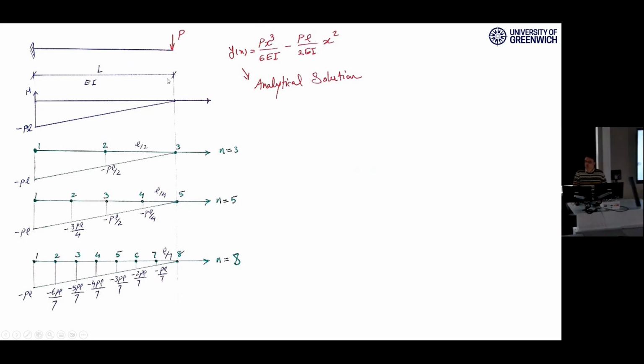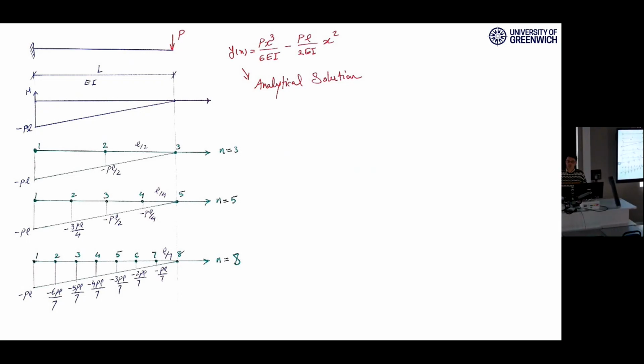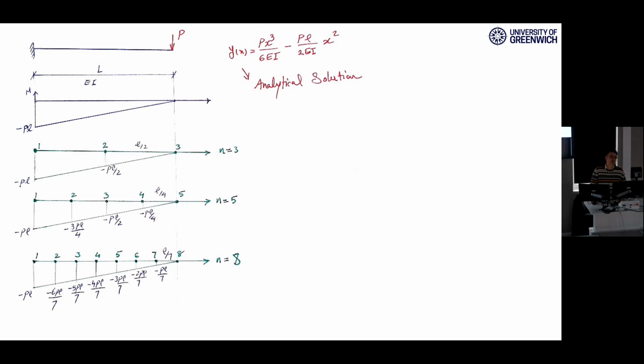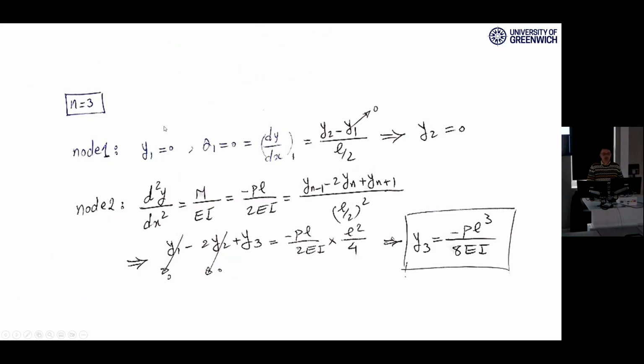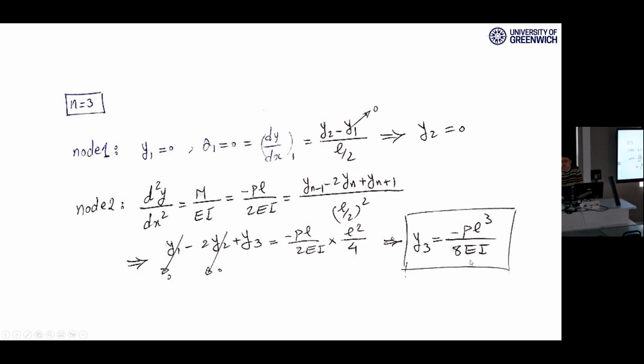It is somehow wrong because your n is very unrealistic. So n equal to 3 is not a good choice. And what you get for the last point, y3, is minus PL cubed over 8EI.